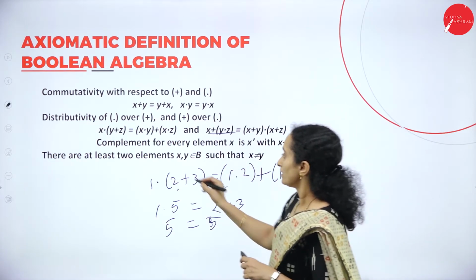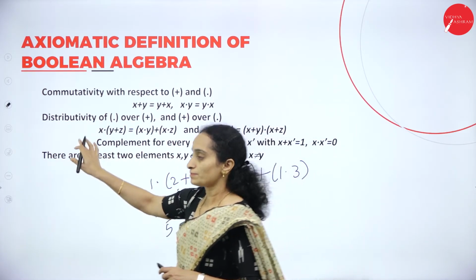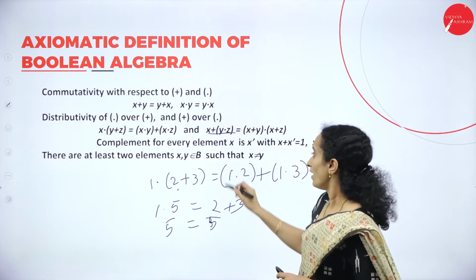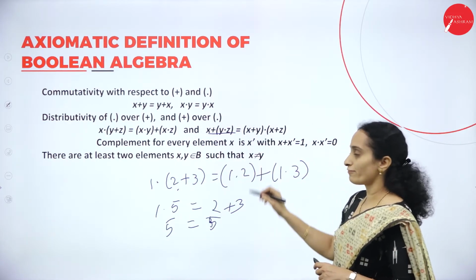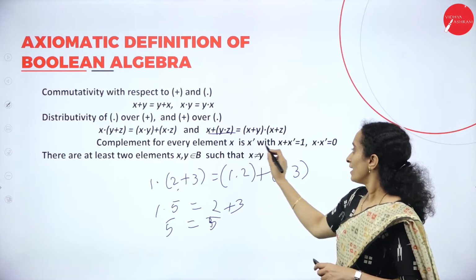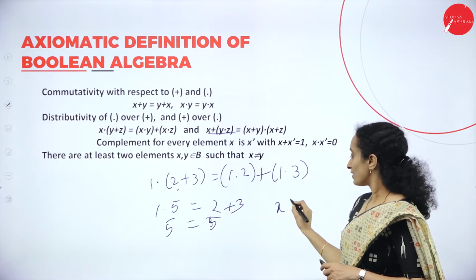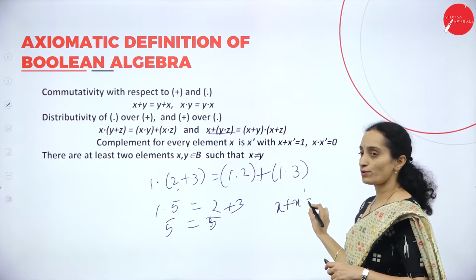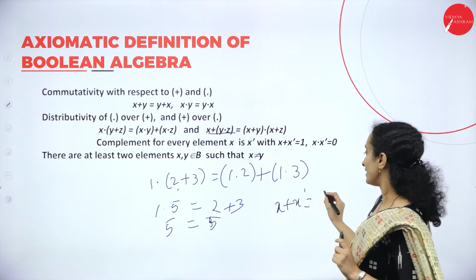When you take the inverse example, you have the complement of every element x as x dash, with x plus x dash equals 1. Inverse says you have to have the identity element.